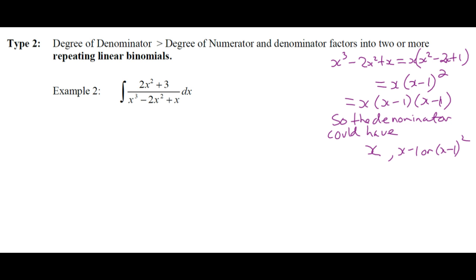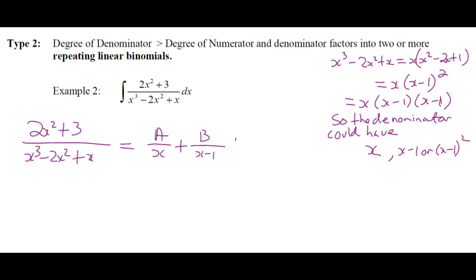So we're going to split this out, and we're going to say, okay, 2x squared plus 3 over x cubed minus 2x squared plus x. Okay, so forget about the integral for now. We're just working on getting the partial fraction for this. We can say it's A over x plus B over x minus 1 plus C over x minus 1 quantity squared.